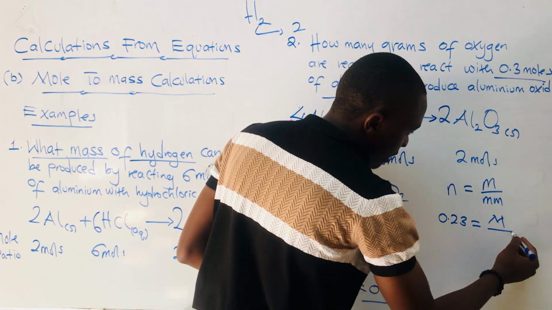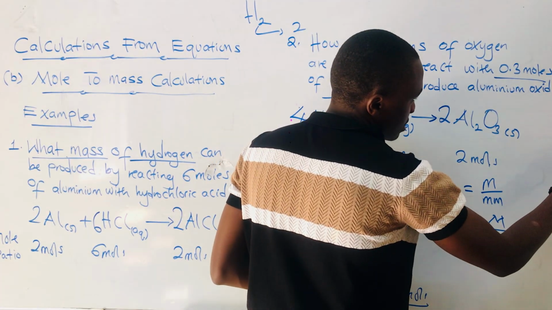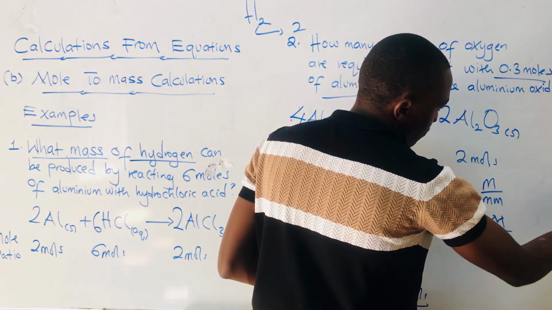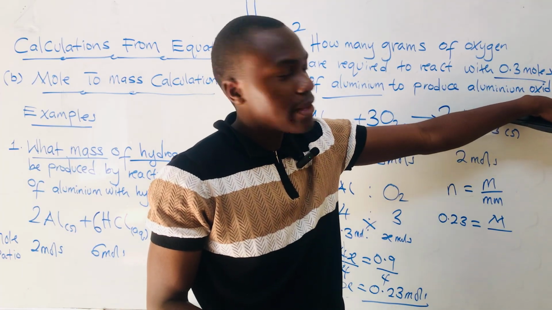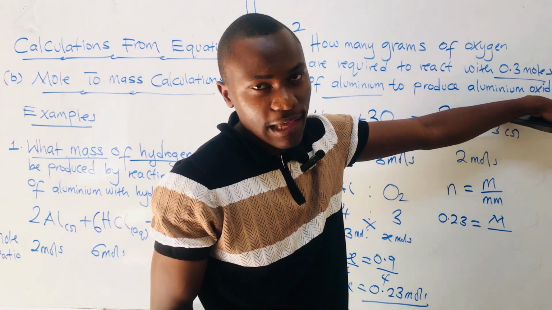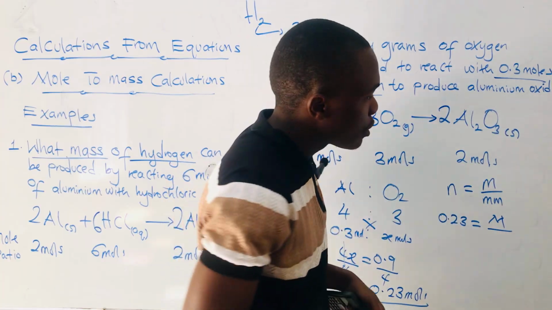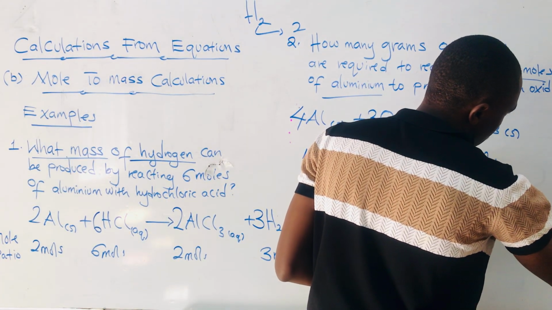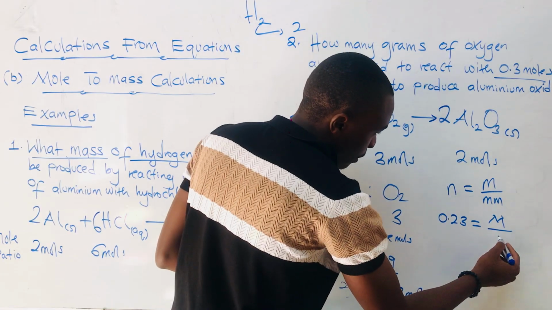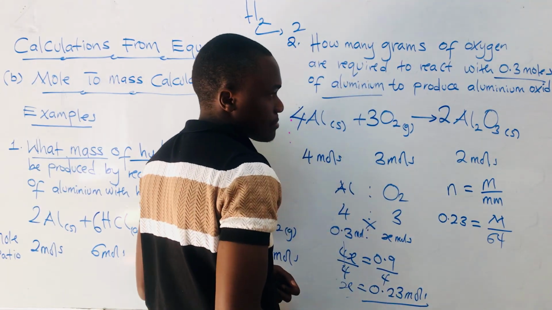And then we say over, now what is the molar mass of oxygen? O2. What is the molar mass? When you go to the periodic table, on top of oxygen, the relative atomic mass, you'll find 32 there. 32 times 2, you are going to get what? 64. So the molar mass is 64. So that 64, we are going to put it there like that.